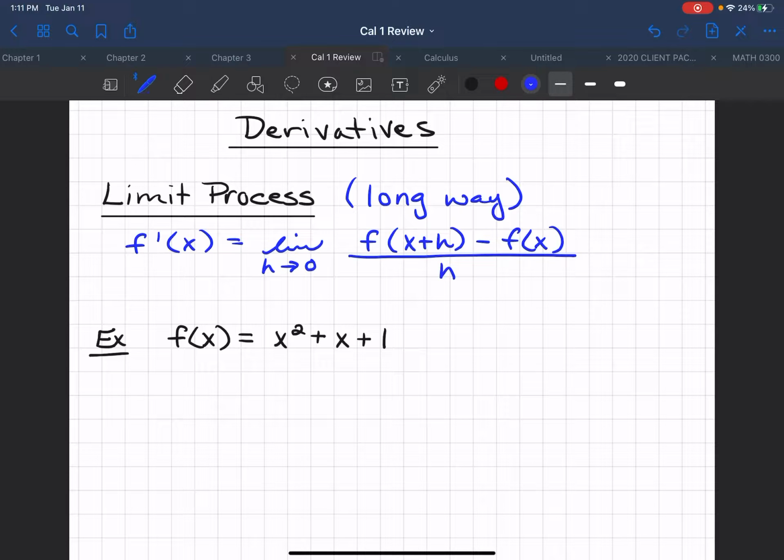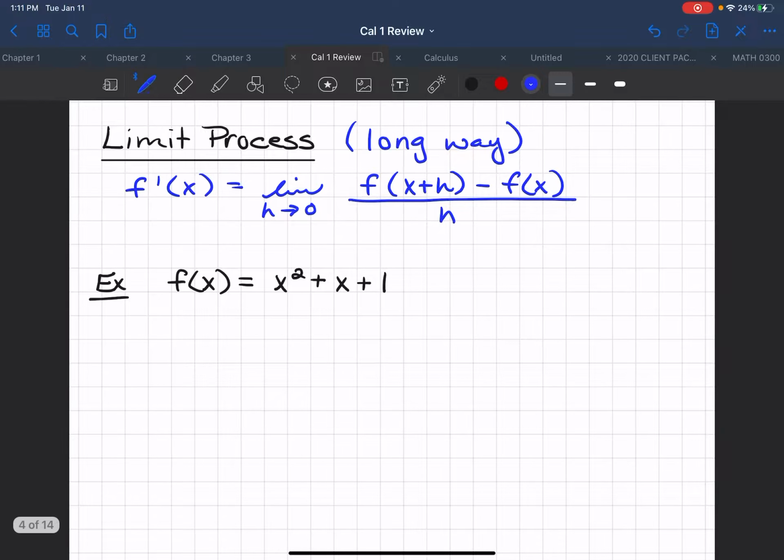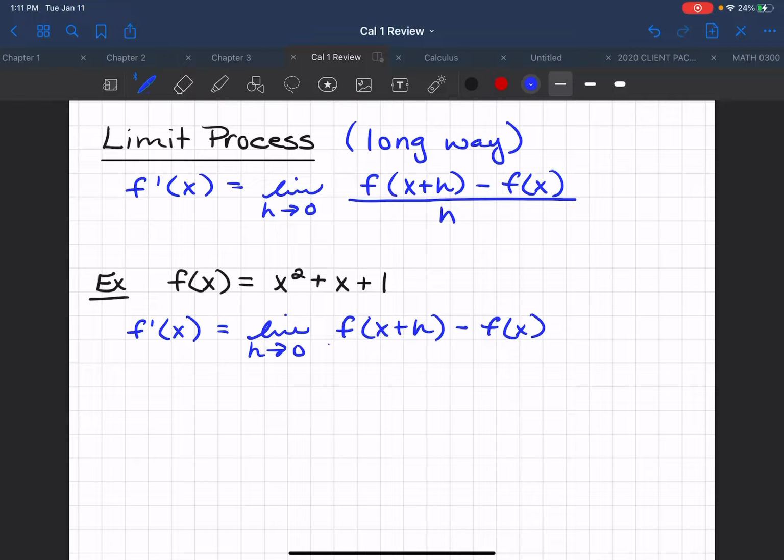So using the limit process, we're going to take the derivative of x squared plus x plus 1. I usually always just rewrite the formula, that way I can substitute directly in and I make fewer errors by forgetting anything. So rewrite your limit process, and then plug directly in there.